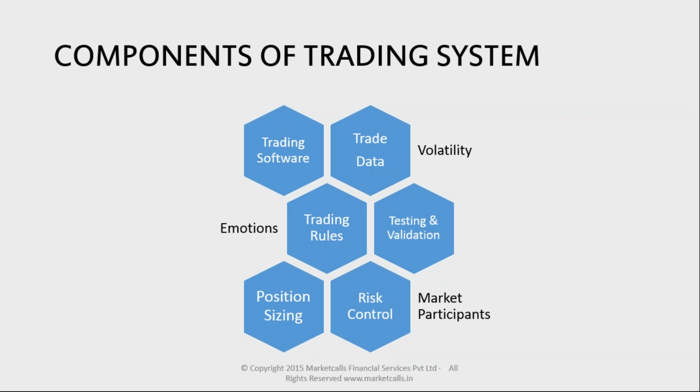So these are the internal blocks, whereas a trading system can be affected by external blocks as well. One is the market participants. Let's say I have the same system prior to 2005. Prior to 2005, there were no market participants like HFT or algo trading.